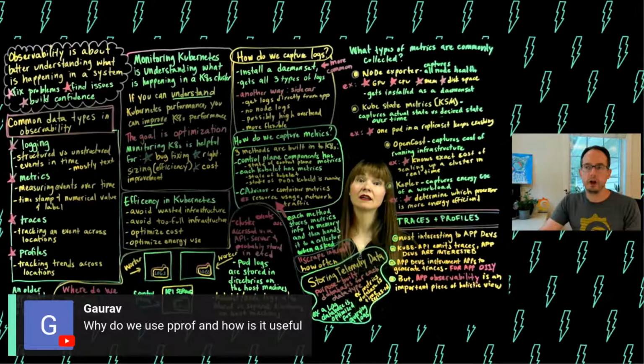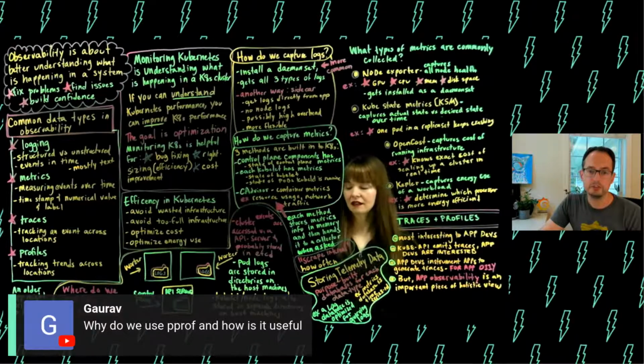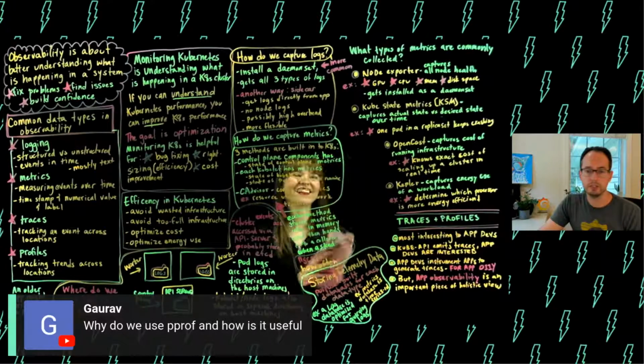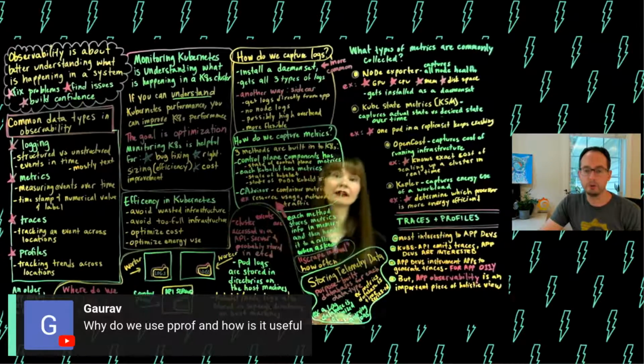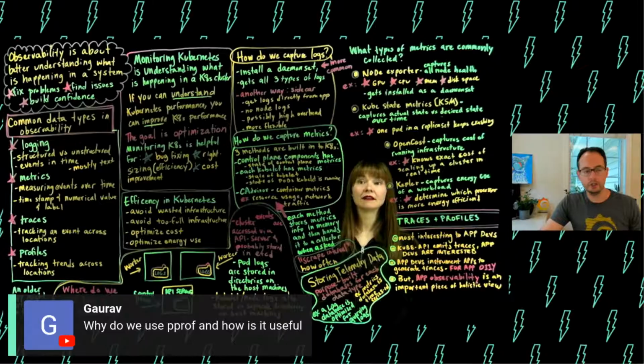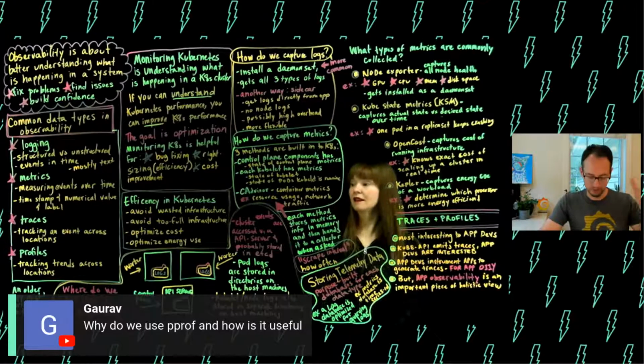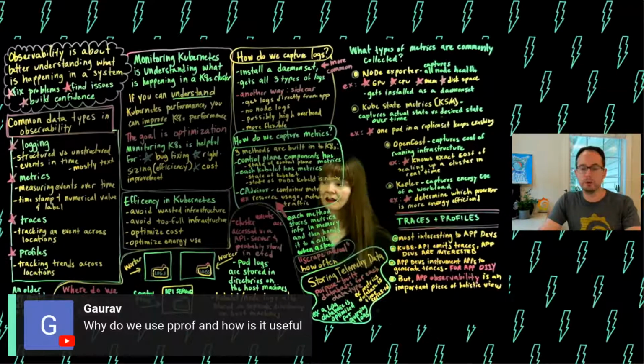But there are really interesting and new ways to get this data without having to actually change the application itself, without having to change the source code of the app. eBPF is another one that's building steam. pprof is another one, and so when we're capturing profiles, we can ask the node, hey, I want to get this sort of information, and pprof is one of the methods by which we can do that.